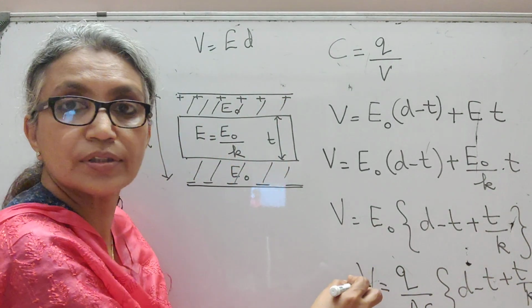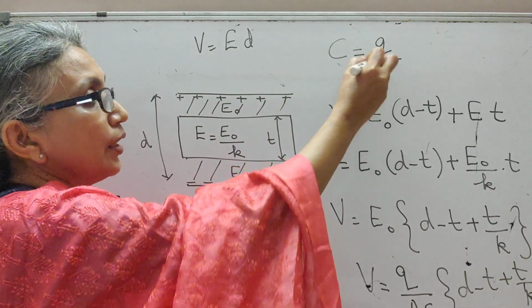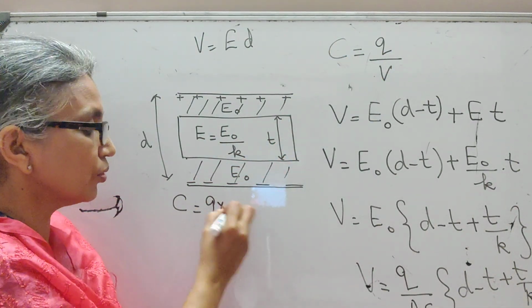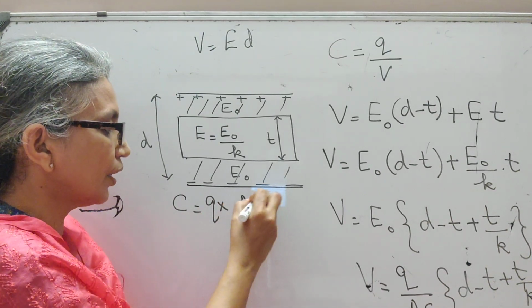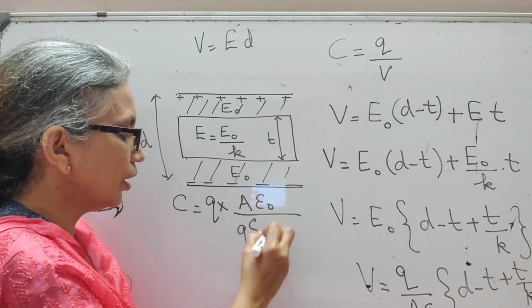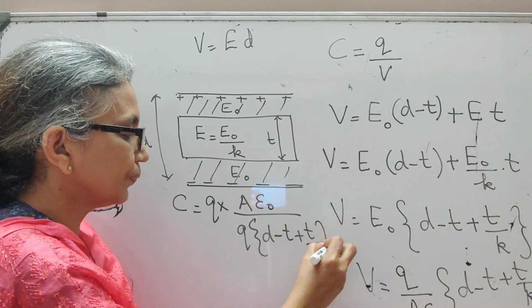Now I am going to use this V in my equation for capacitance here. So that C is equal to Q into, inverse this, and you have A epsilon 0 by Q into d minus t plus t by k.